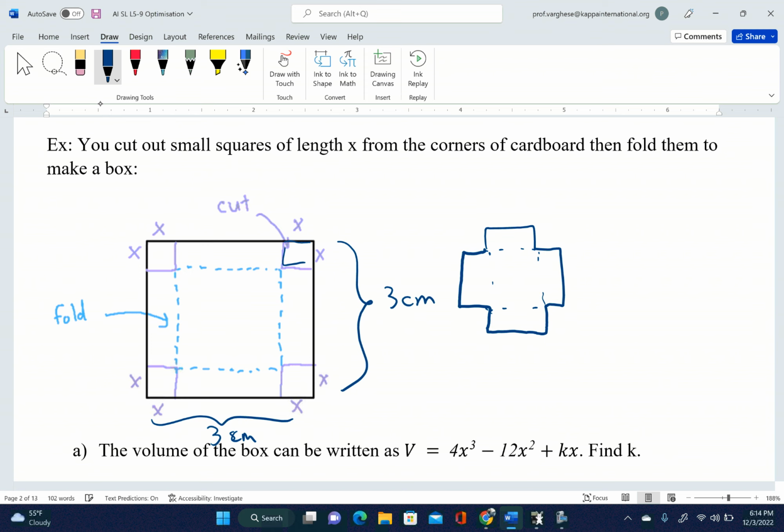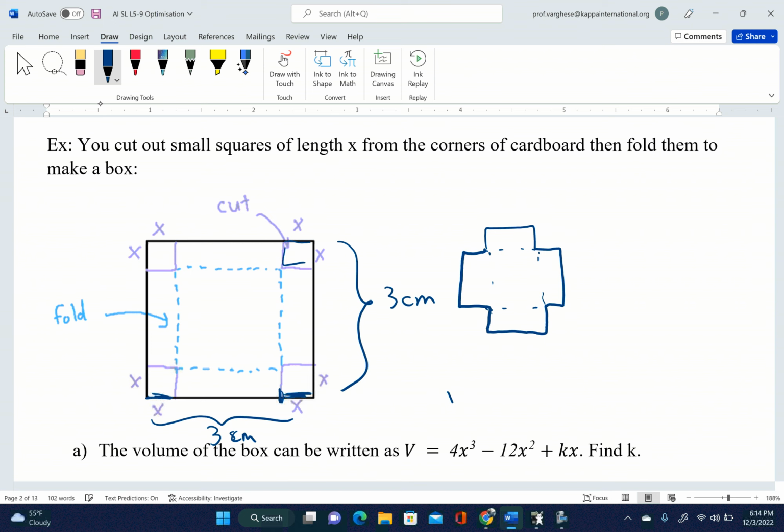Okay, so if we're looking to find out what the length and the width and the height of this box is going to be, let's think about this real quick. The whole length right here is 3 centimeters. We are cutting this piece, which is x, out, and we are cutting this piece, which is x, out.